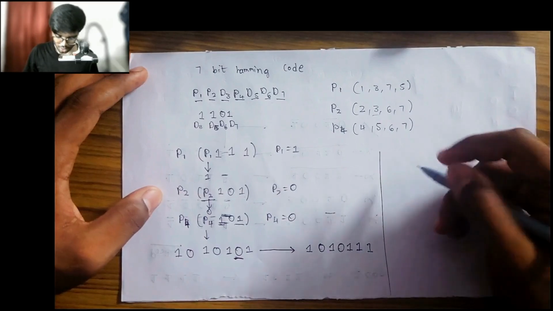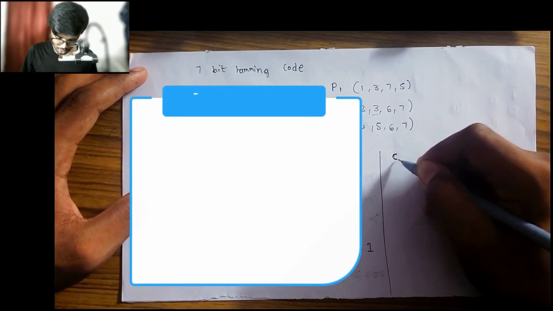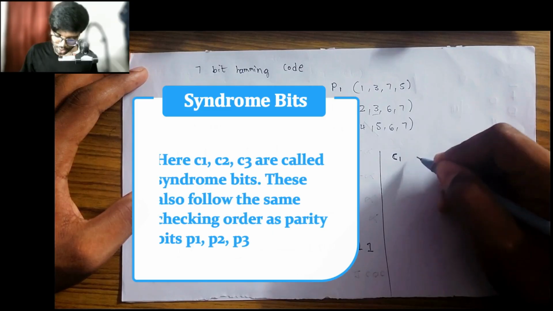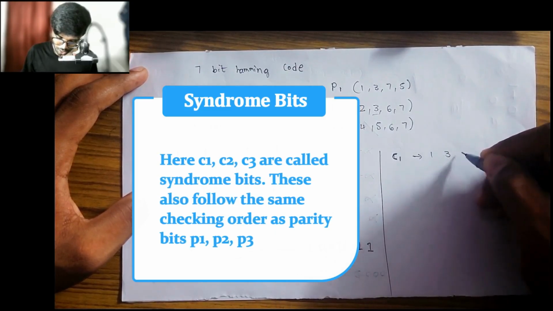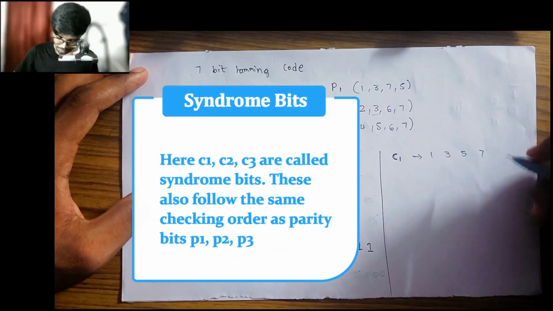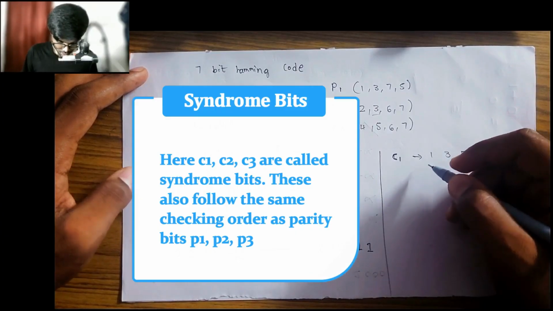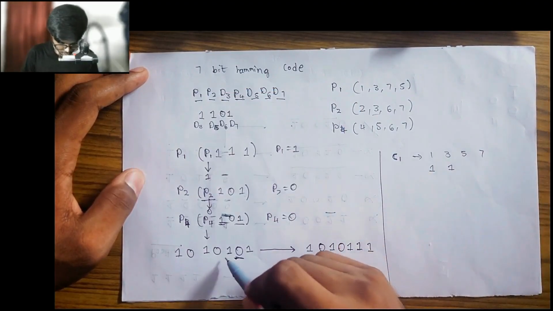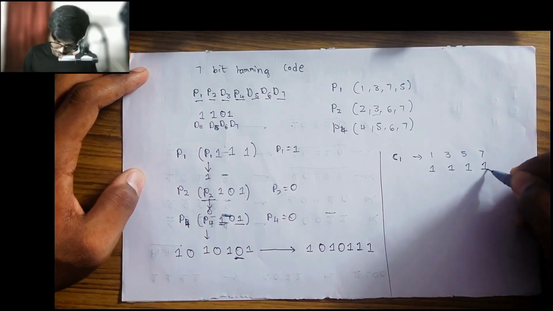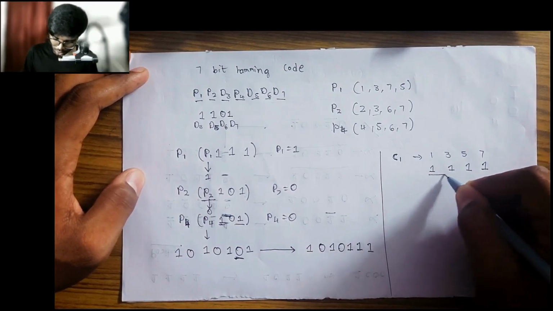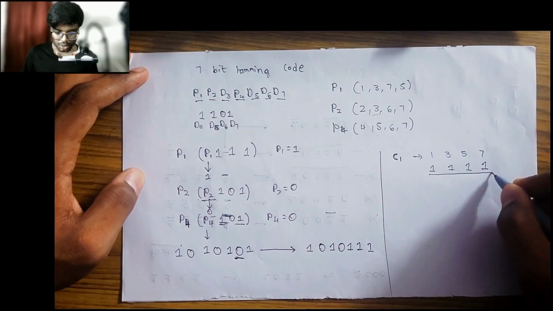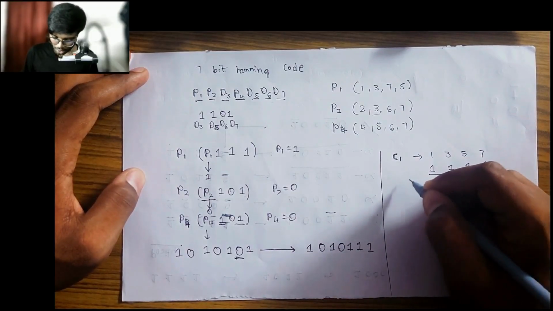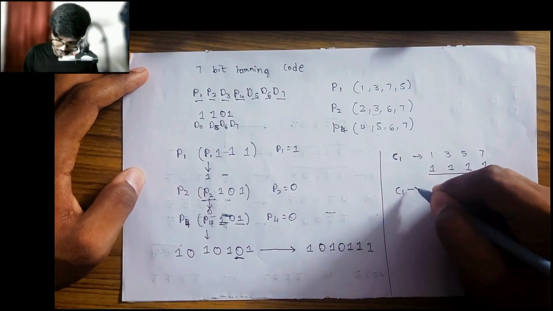Let us say it checks from C1, which checks the positions 1, 3, 5, 7. Now the first position is 1, third position is 1, fifth position is 1, seventh position is 1. So all of them are four ones. So it is even, and because it is correct, C1 is assigned the value 0.